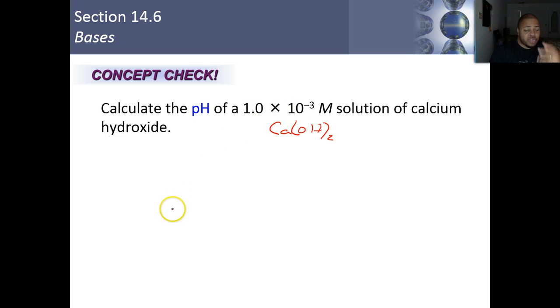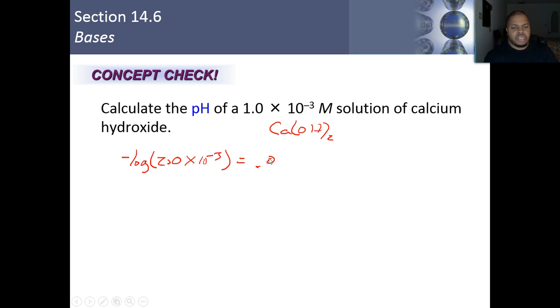So to find the pH, we're going to do the same exact thing, but this time we have to double this concentration. So just get the negative log of 2 times that value, which is going to be 2.0 times 10 to the negative third. Now, this gives us, sorry, let me make sure I haven't gone crazy.